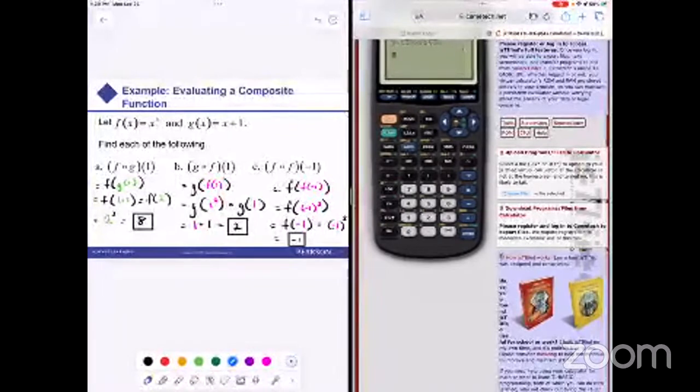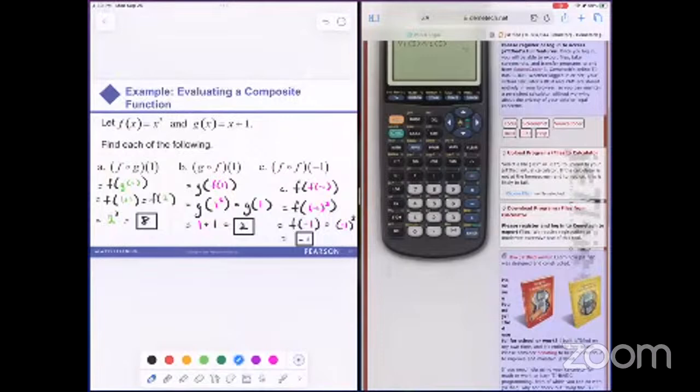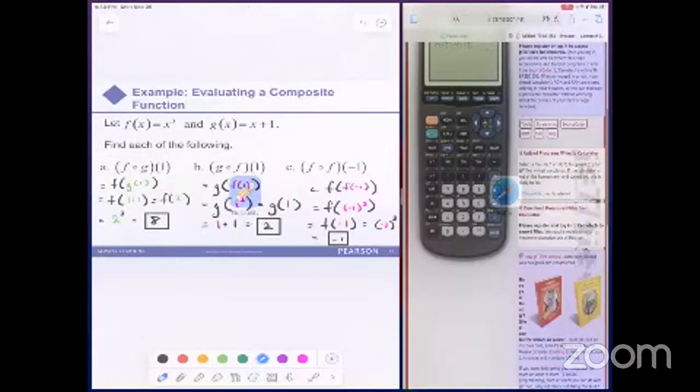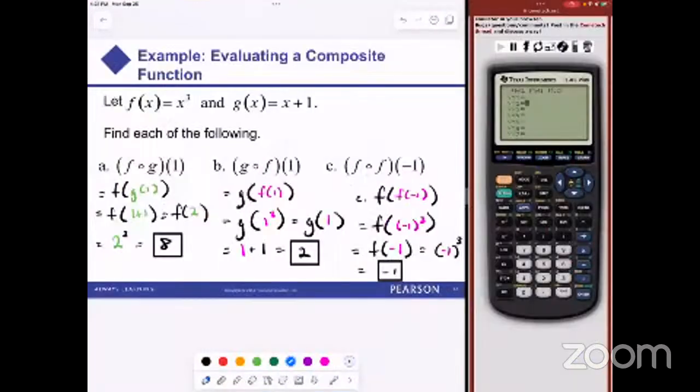There it is. Okay. I just went back because I forgot to showcase this. So our f is x to the power of 3, or x cubed. Our g is x plus 1.